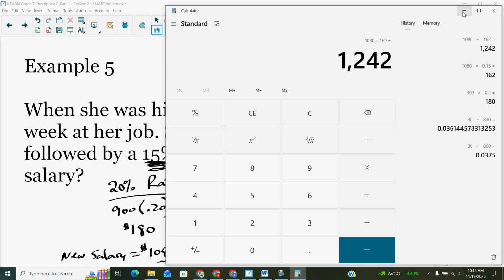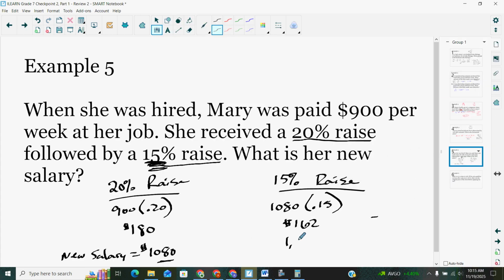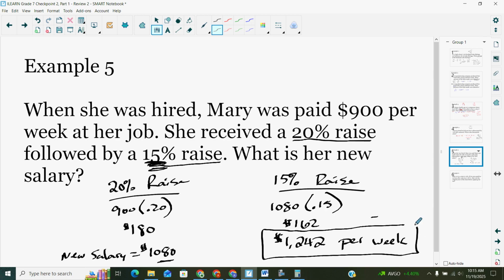She is now being paid $1,242 per week. And that is her final salary. $1,242 is her new salary.